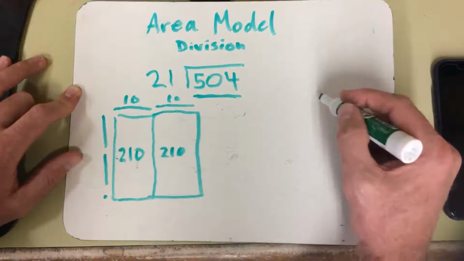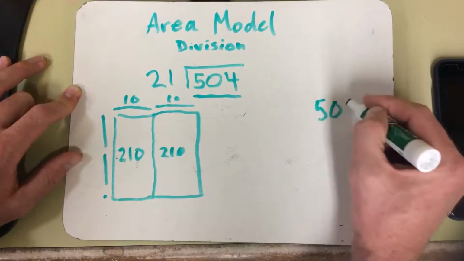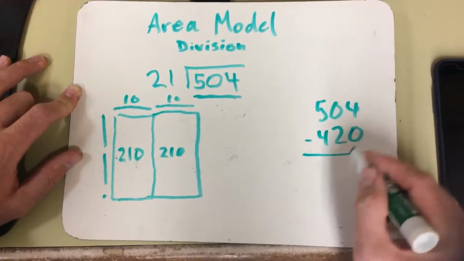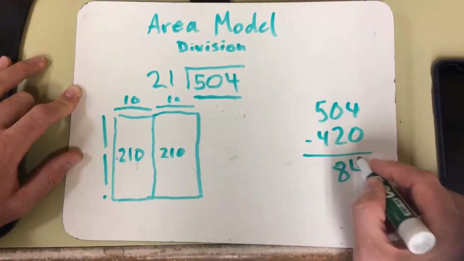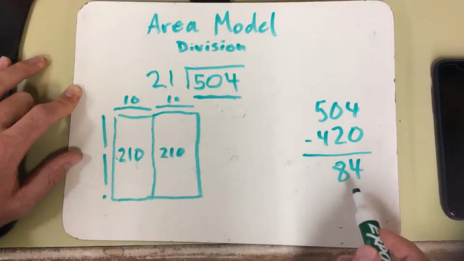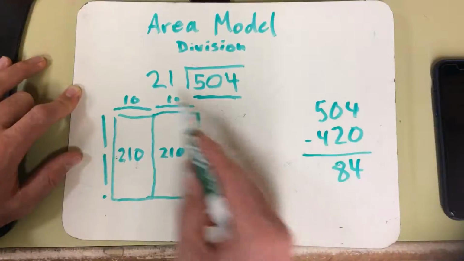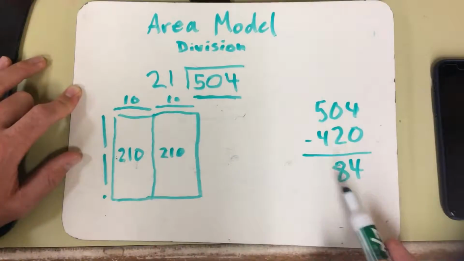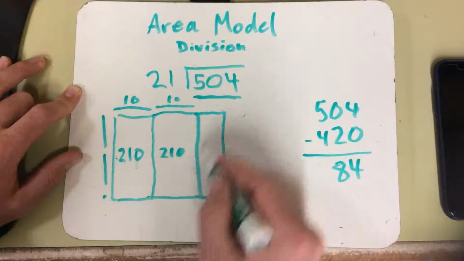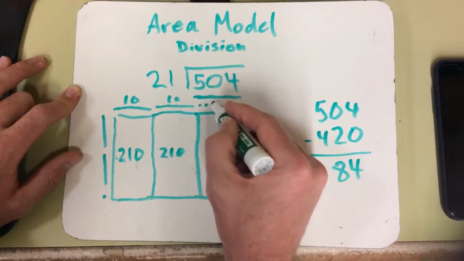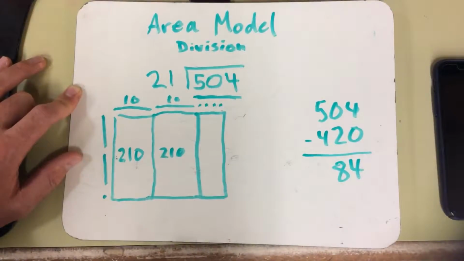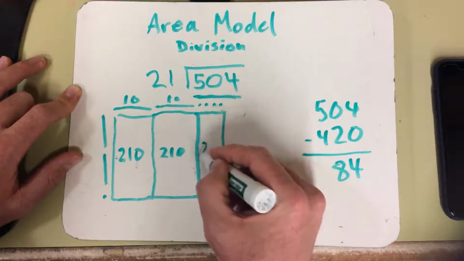Now over here we can do a quick subtraction problem. That's 504 minus 420. So we know we have 84 left of our total area, and we can say, well, I know that 21 times 4 is 84, so I know there's going to be 4 more groups of 21 that can be made out of 504, and so that's 84.